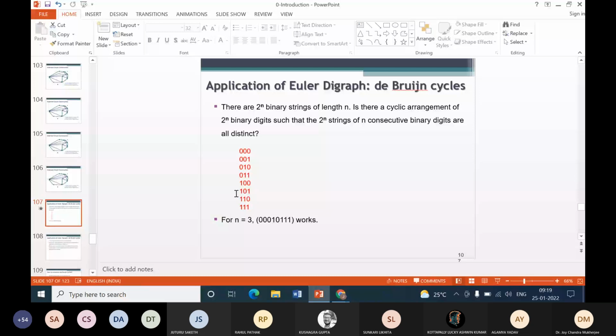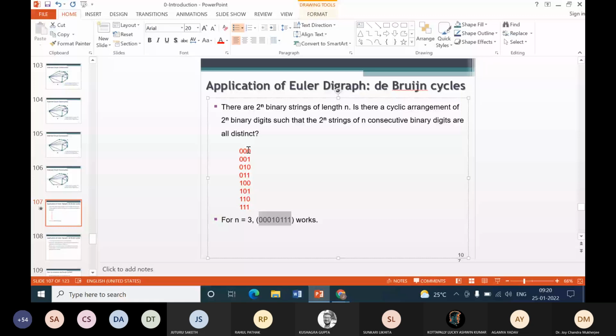The de Bruijn cycle gives that instead of using n into 2 to the n space, you can store this information using only 2 to the n space. For n equal to 3, this is the solution. That means using 8 bits, you can store all these 8 different combinations.